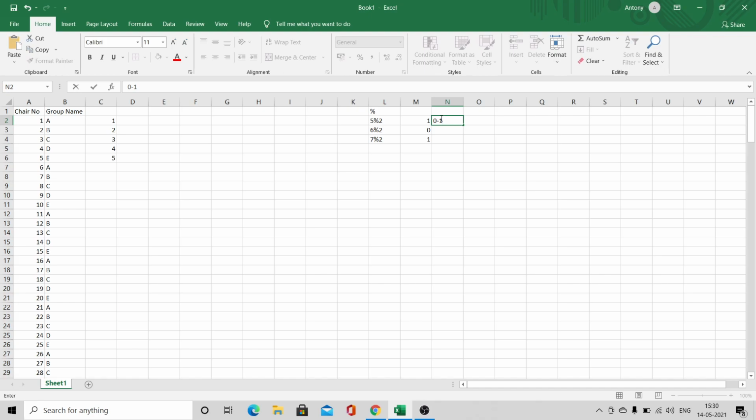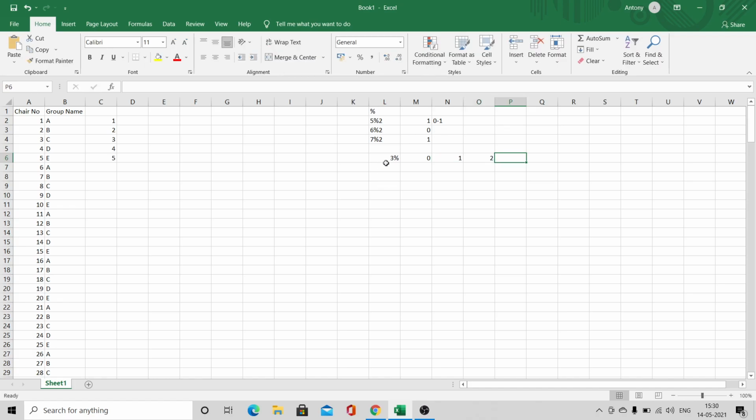Likewise, if I am using mod 3, if I am dividing by 3, what are the possible remainders? 0 if it is divisible by 3, else it can be 1 or 2, right?